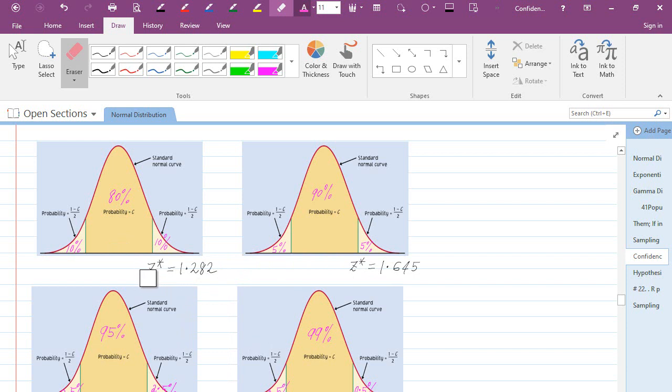So 80% of the area below the standard normal curve will be between negative 1.282 and positive 1.282.